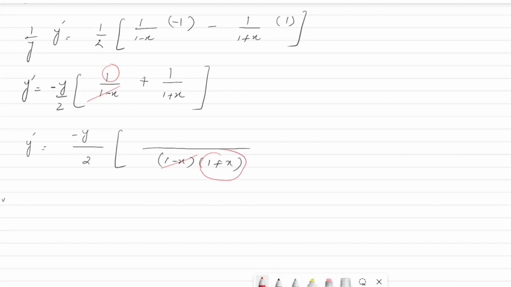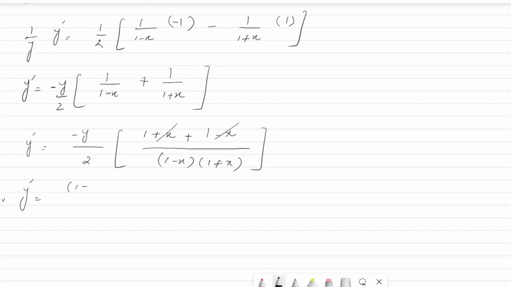So here it would be 1 plus x, plus, as you see, 1 plus x is cancelled with 1 plus x, and the remaining 1 minus x will be multiplied with 1. So the answer will be 1 minus x, and x is cancelled with x.